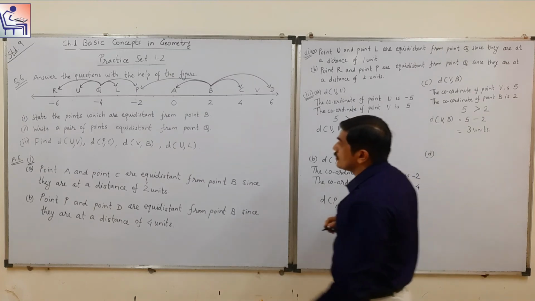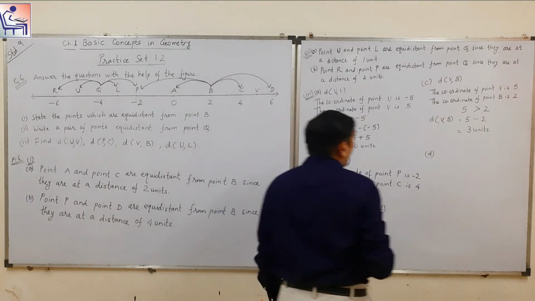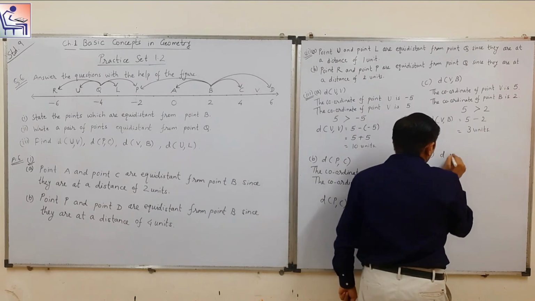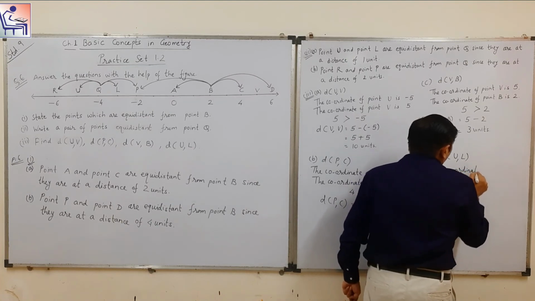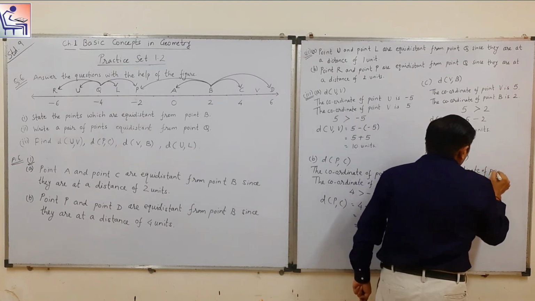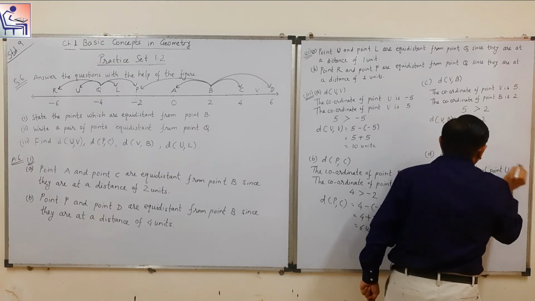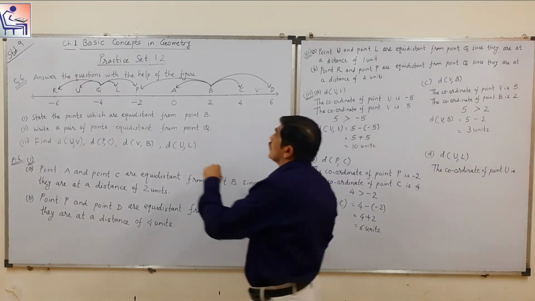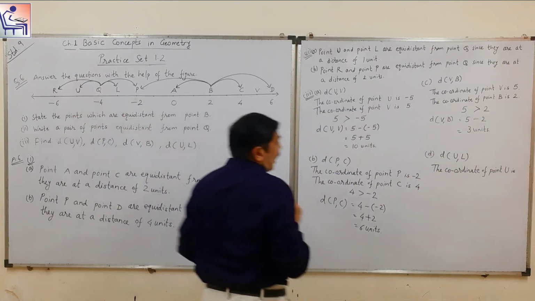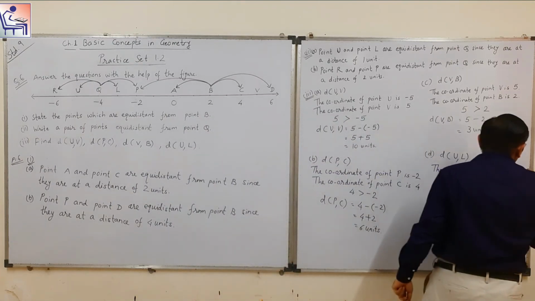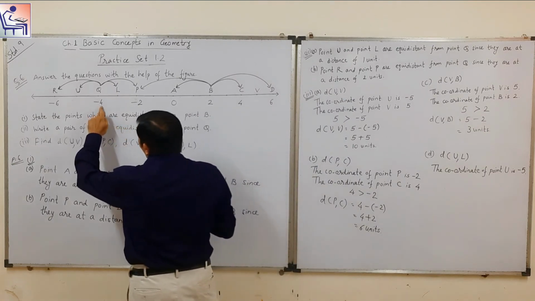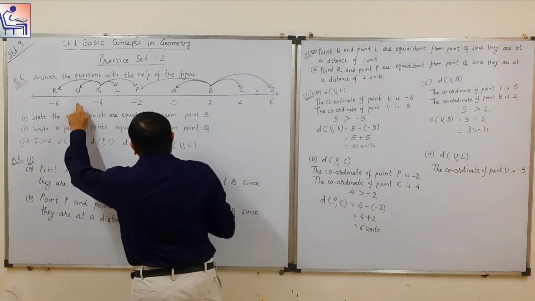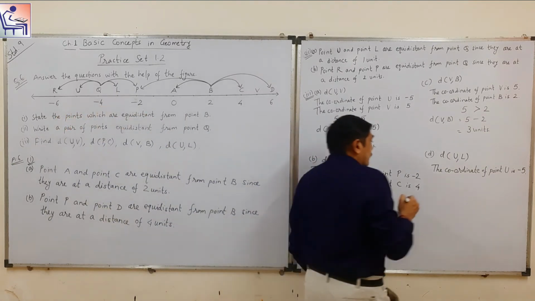Now the fourth one here, distance UL. The coordinate of point U is minus 5. We can understand from these two values that if there is a minus 4 and minus 6, then the middle value must be minus 5.